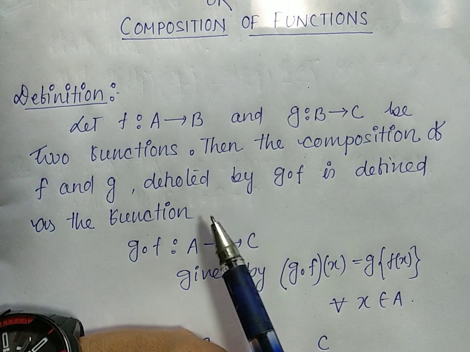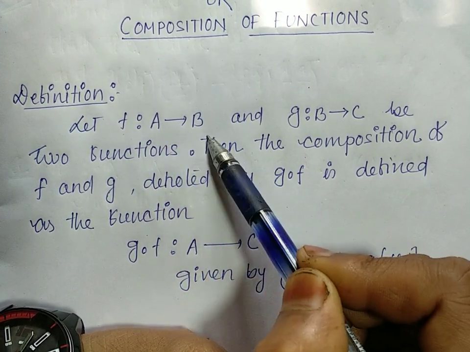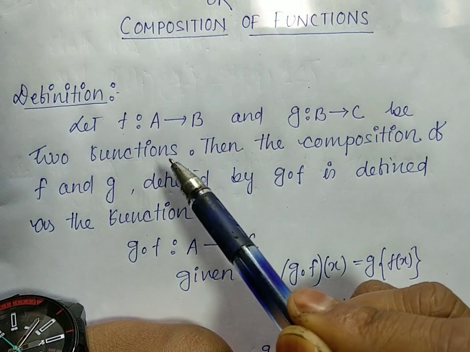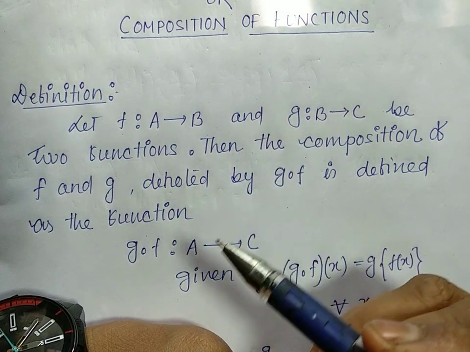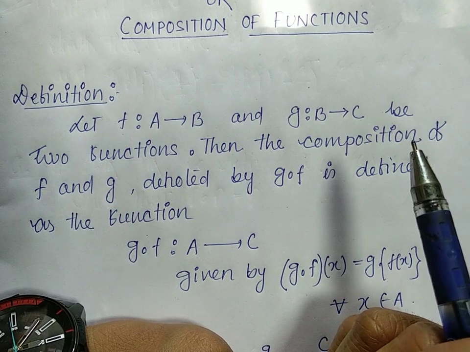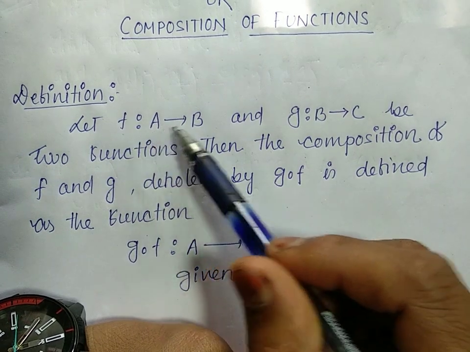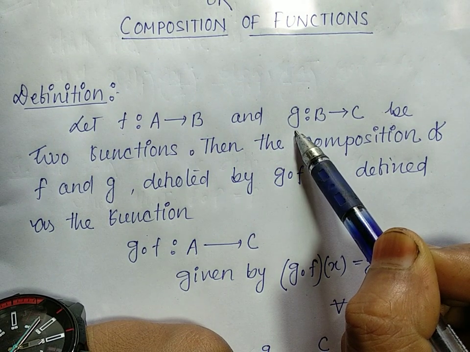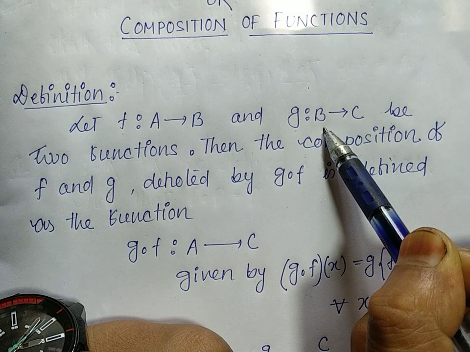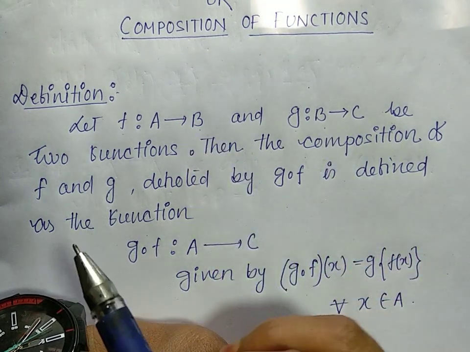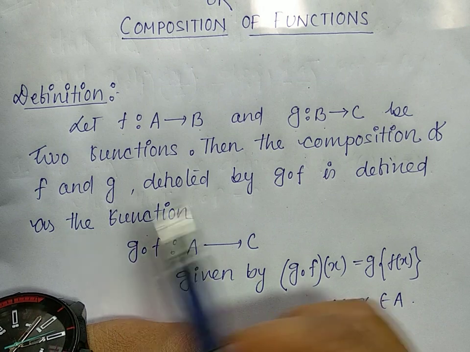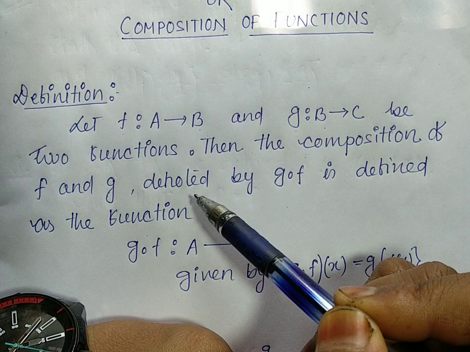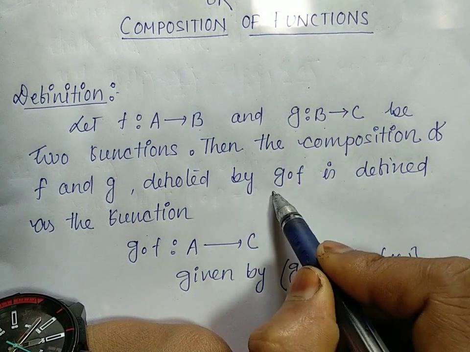Now I consider two different functions: f is a function from A to B and g is a function from B to C. Remember the way we have to consider the functions. f is a function from A to B, but you have to consider a second function whose domain set is the codomain of the first function. Okay, two functions. Then the composition of f and g is denoted by g naught f.